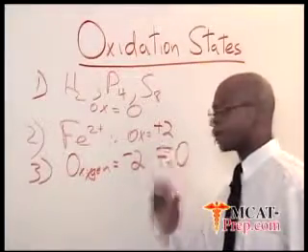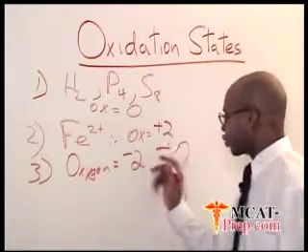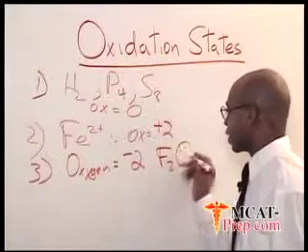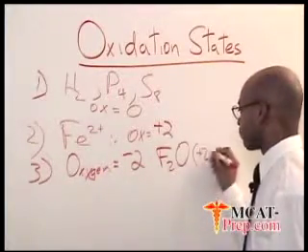Its oxidation number is going to be -1. And so we have -2 for fluorine because -1 times 2. So then the oxidation number for oxygen is +2 in this situation.